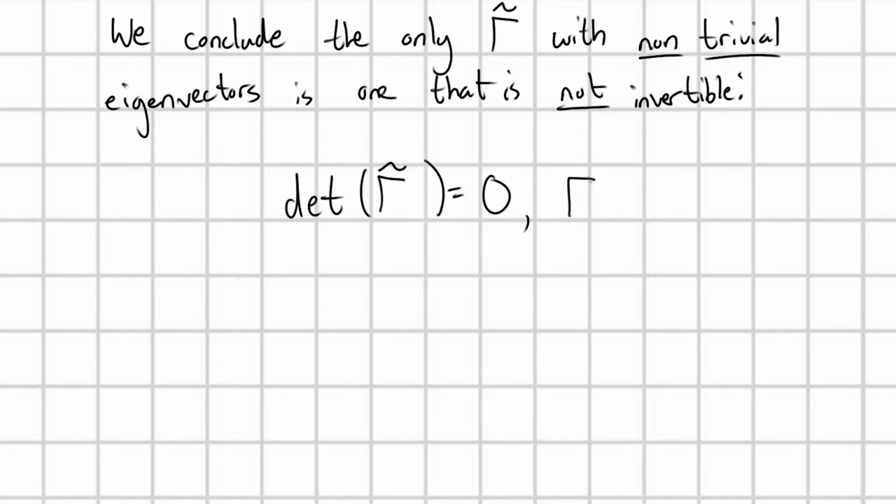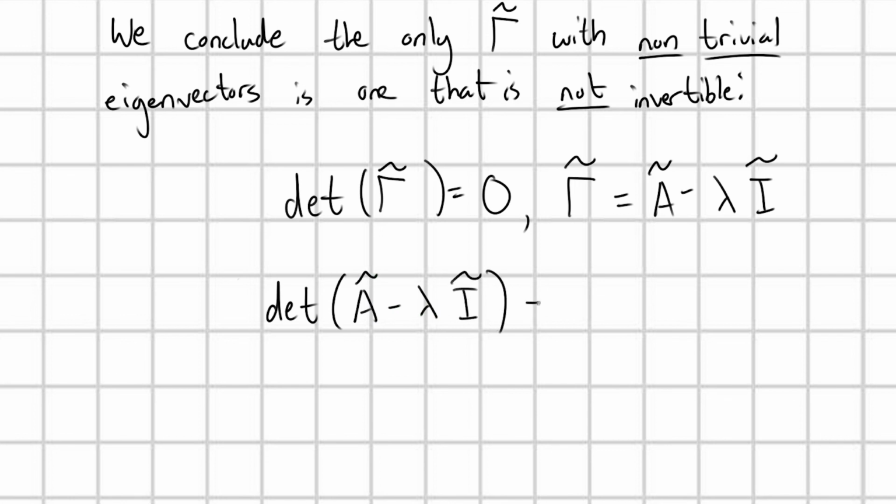And of course here we have that gamma we defined as A minus lambda I. And so we get that the determinant of A minus lambda I must be equal to 0.